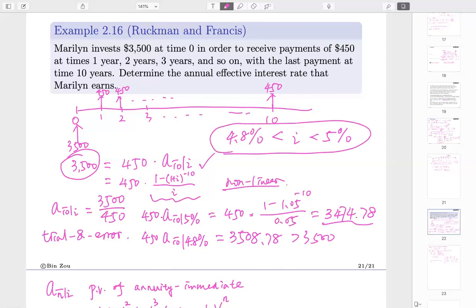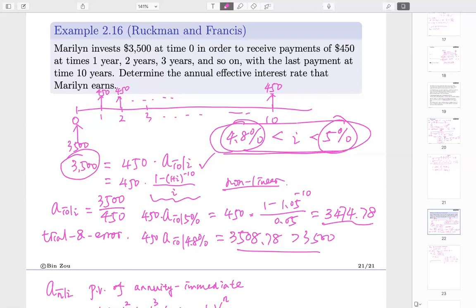In most cases, that's enough, because for SOA questions, usually you have 5 options. They will tell you it's between this and that, between this and that. You just need to try, right? So let's say 5 is one of the threshold values. You put 5, it's smaller than what you need. So you know your interest rate should be smaller than 5, and you try the next bar. If it's greater than exactly, then it's in between.